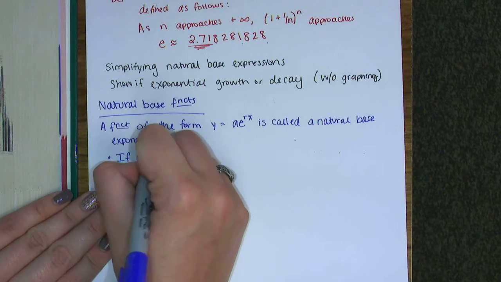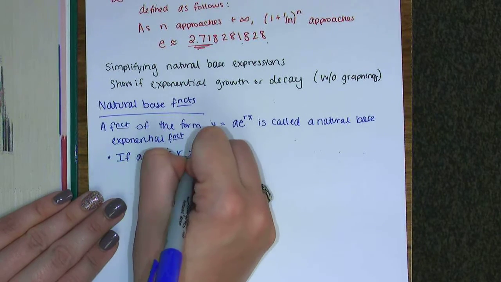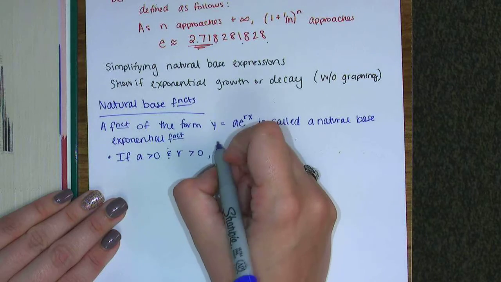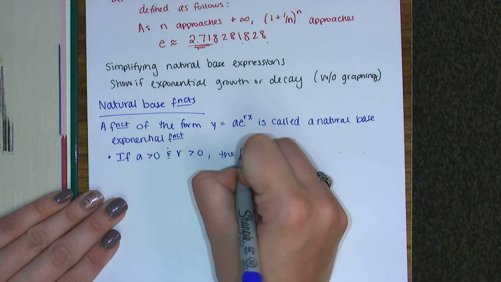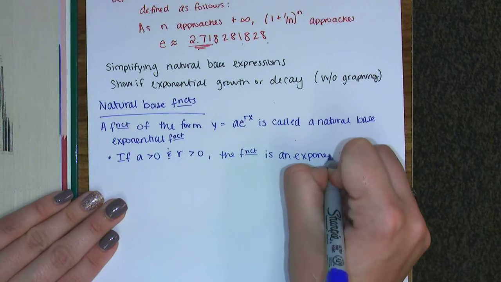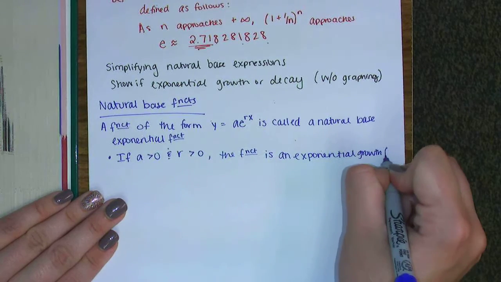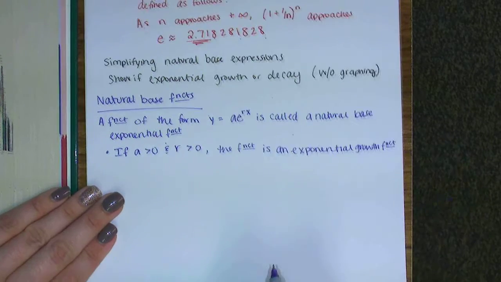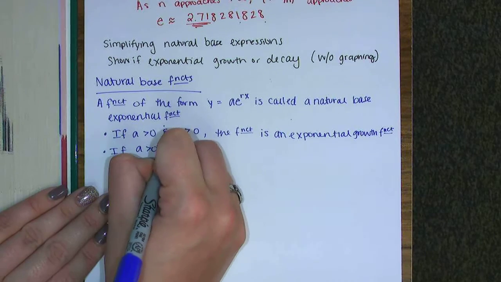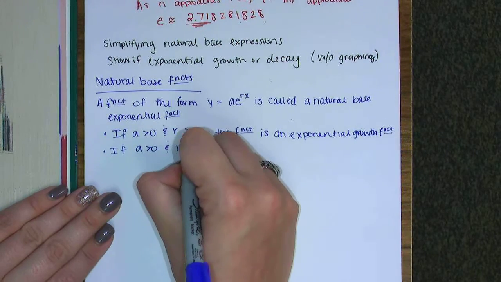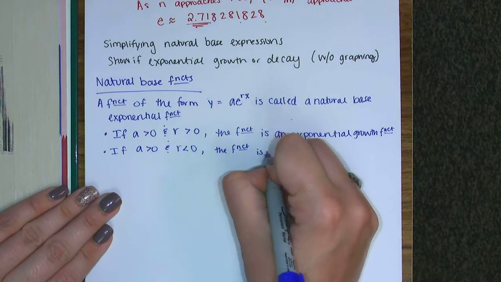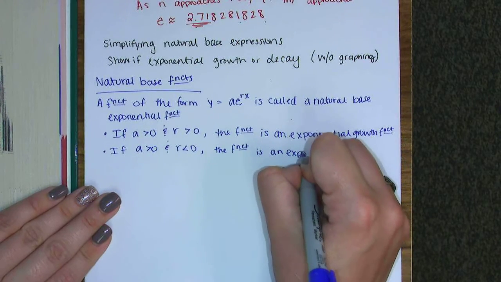If a is greater than 0 and r is greater than 0, the function is an exponential growth function. But if a is greater than 0 and r is less than 0, the function is an exponential decay function.